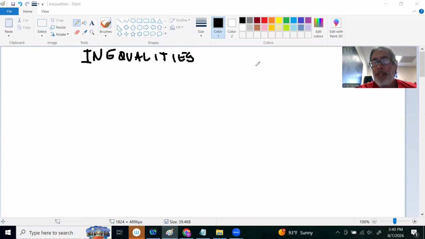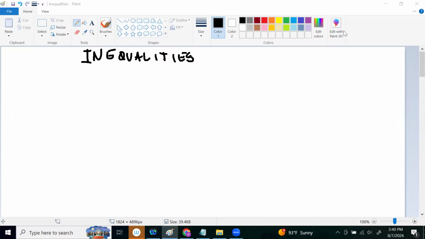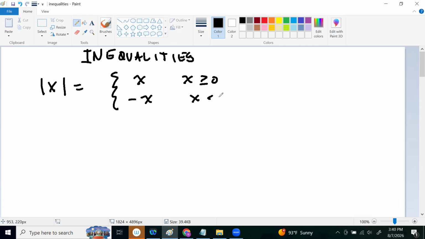There we go. So, inequalities involving absolute value. Now, the absolute value function here, if you have the absolute value of x, this is defined in a conditional way. It's going to equal x for x greater than or equal to 0, and its opposite for x less than 0.